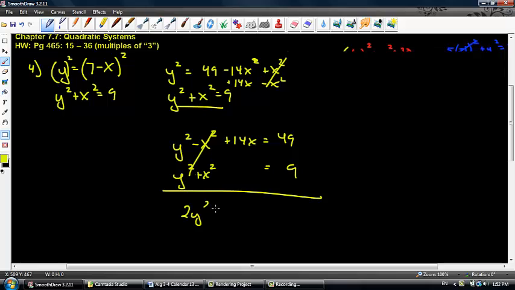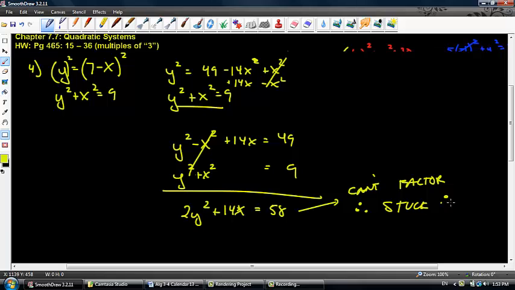I get 2y squared plus 14x equals, looks like 58. Now from here I've got a y squared and a regular x. This thing cannot be factored. So therefore I am stuck, and therefore it is no solution, which means that this line right here and this looks like circle do not intersect at all. Okay?